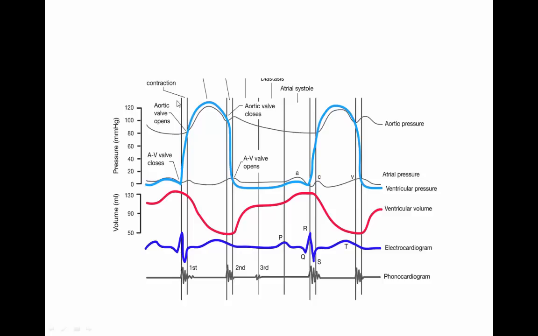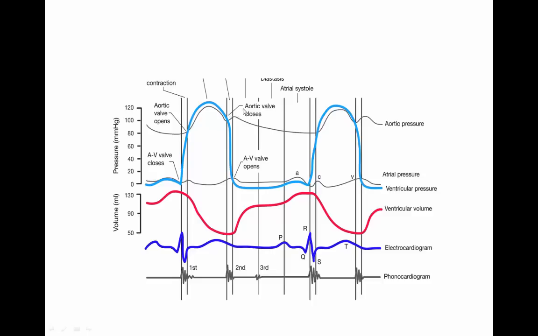So muscle contraction, depolarization, QRS at the level of the EKG. Then you have semilunar valves to close and atrioventricular valves to open as soon as the ventricular pressure falls.